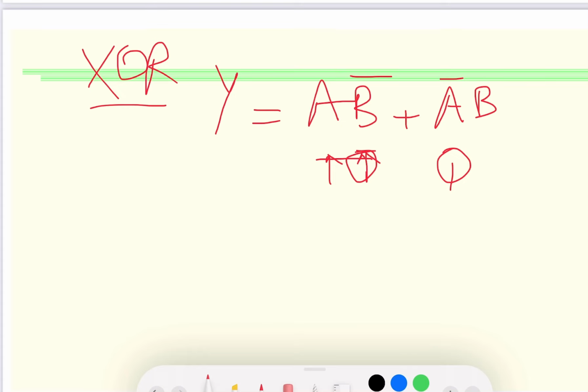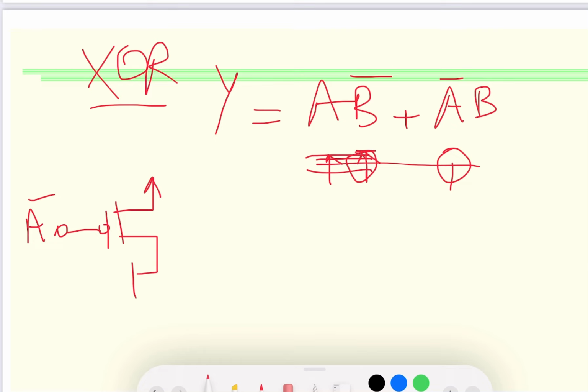So from this we can straight away write down, with PMOS, a function where we show the input to be complemented. So we write A prime, which means there is an inverter being used. Now these come in series, and this one comes in parallel with the whole thing.